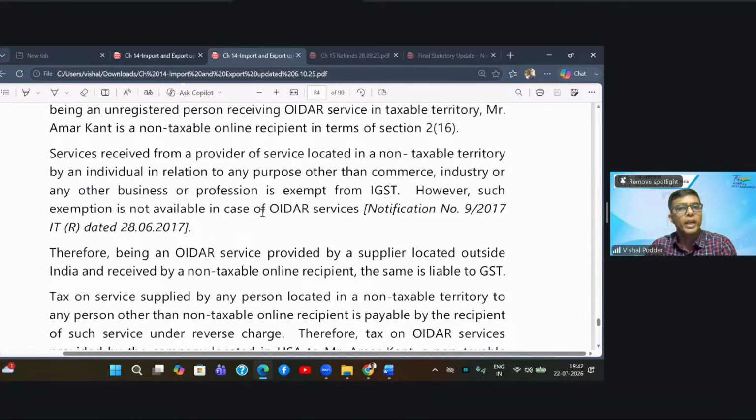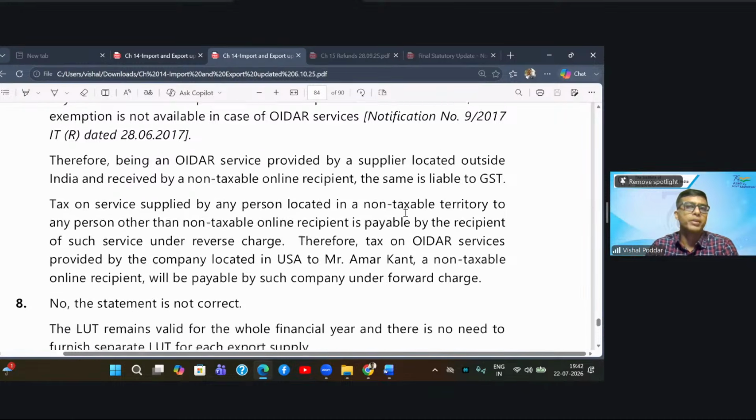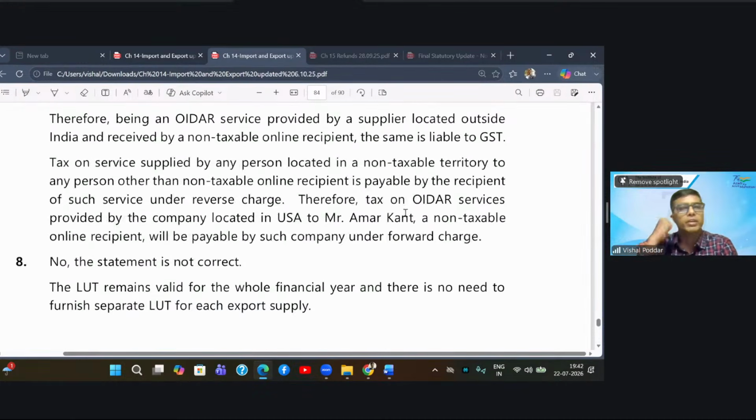So this could have become exempt because of this specific notification, but there is a carve out, that is OIDR is not covered. Therefore, since our service is OIDR and since the supplier is located outside and the recipient is a non-taxable online recipient, it is leviable to GST. So first thing we have understood or concluded that this transaction is covered under GST.